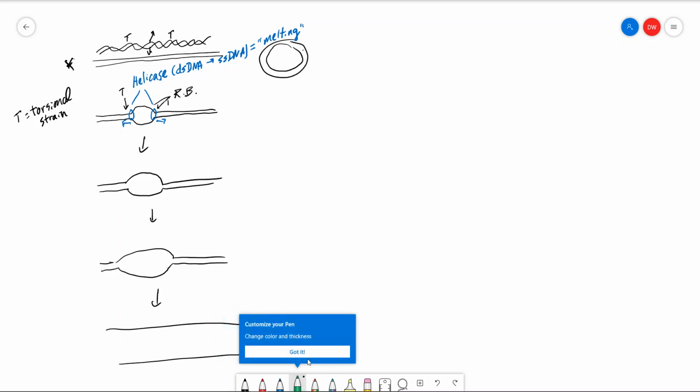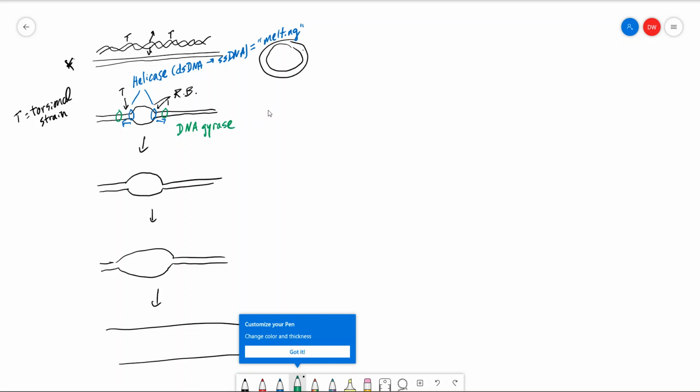So I want to use a different color here to represent a different enzyme. And again, I'm just going to use circles here to represent this enzyme. Essentially, there's an enzyme called gyrase, DNA gyrase.